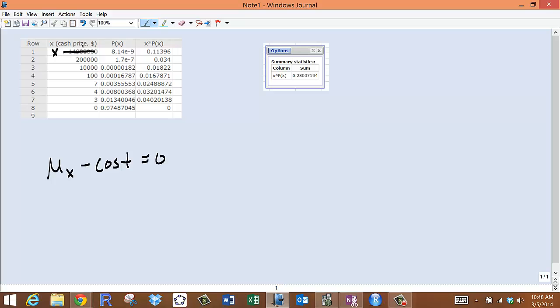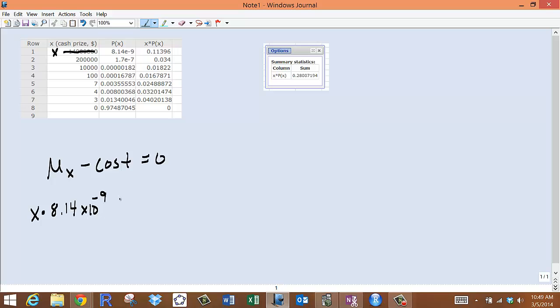So then we've got x times p of x, and then x times p of x, which would be a number. So the first term in this expected value is going to be x times 8.14 times 10 to the minus 9, and that's what the E means.